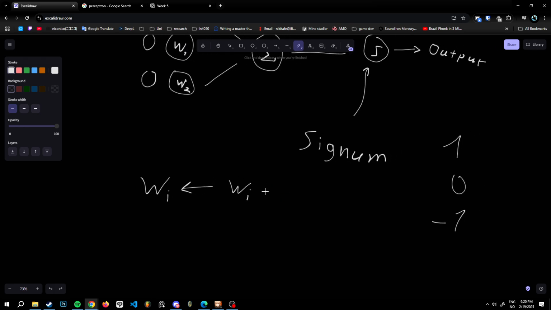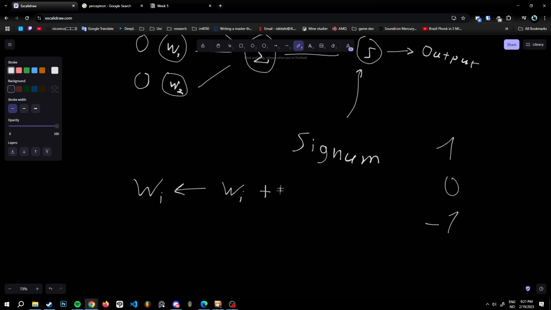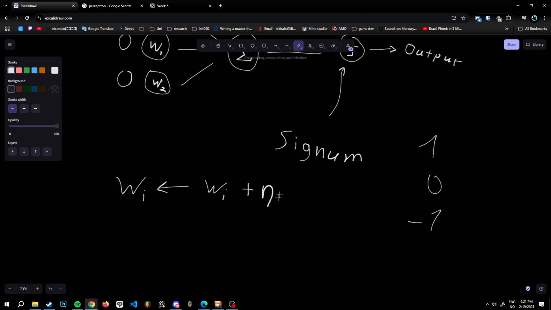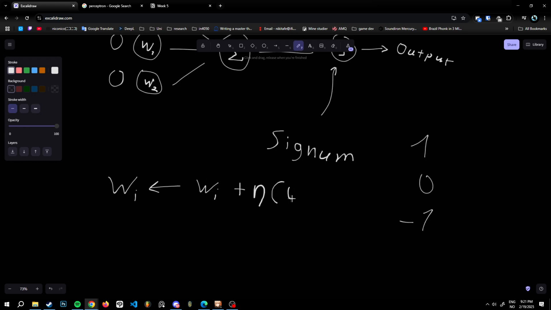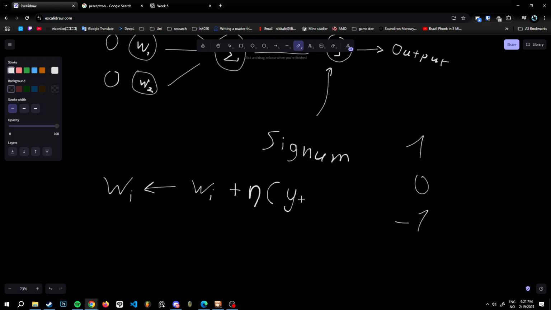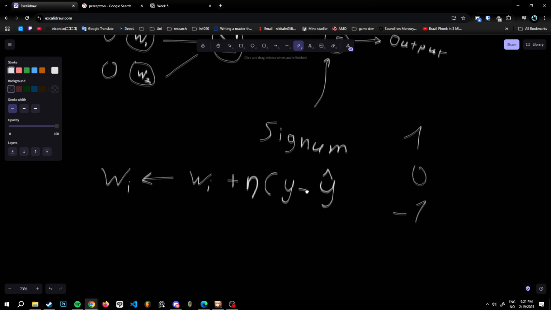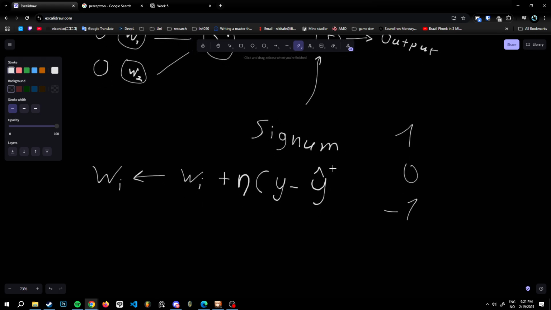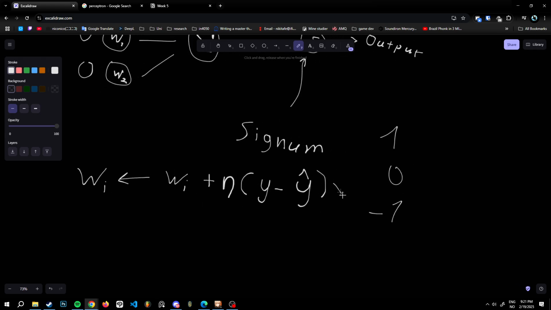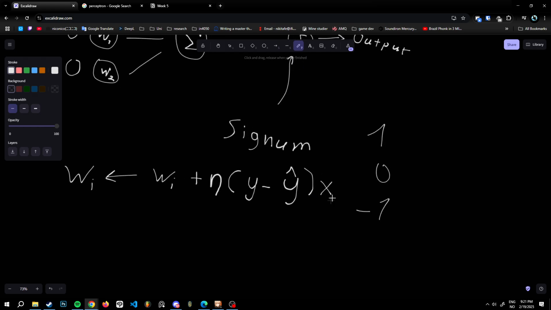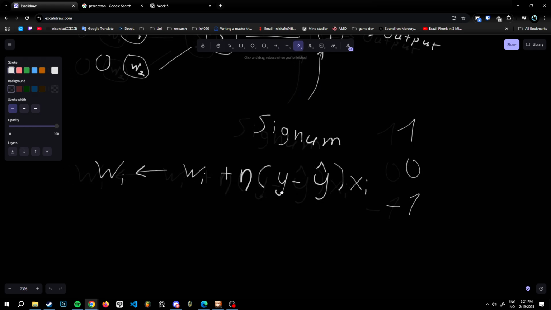and the new weight is going to be the weight plus this very curvy n, which is the learning rate, times y minus ŷ, and times it by the corresponding feature value.